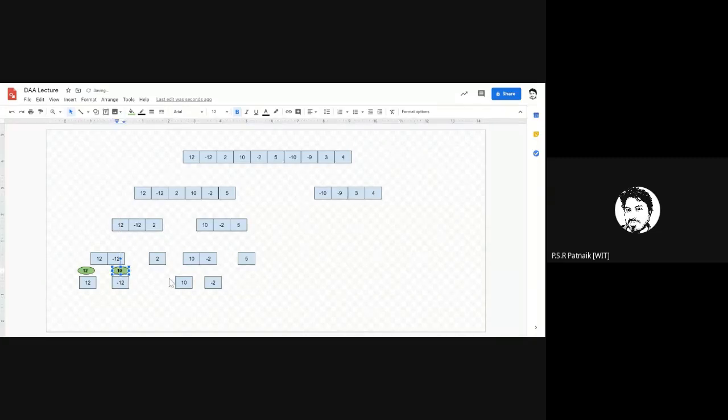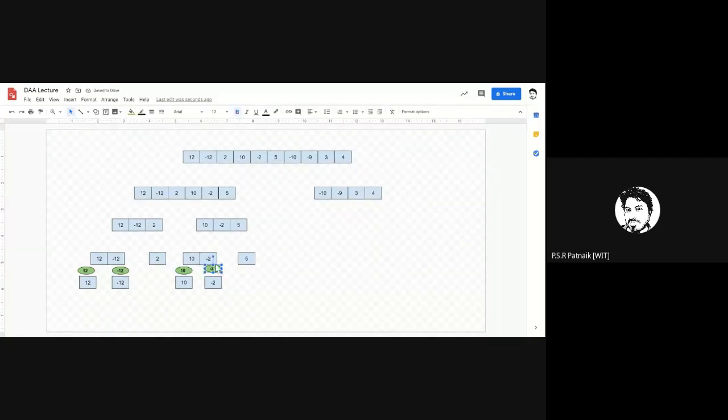For this it is minus 12. I think the mouse is not working slightly. So here it is 10. And what is here? Here it is minus 2. For the subproblems, I have minus 2.